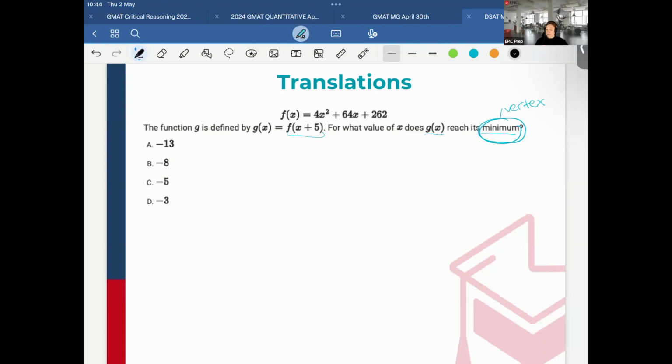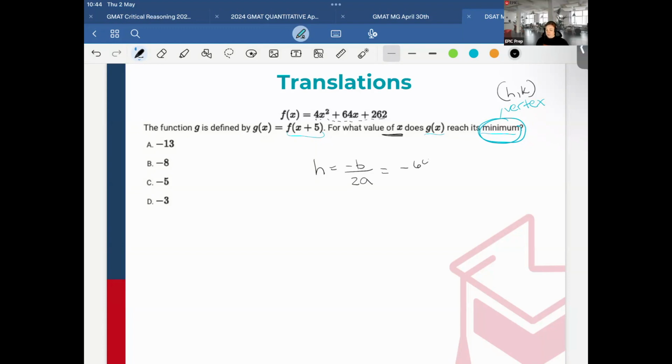And in order for me to get the x value of the vertex, which usually we define as (h, k), I can always find that by doing x, the x coordinate of the vertex, or h, is equal to -b divided by 2a.